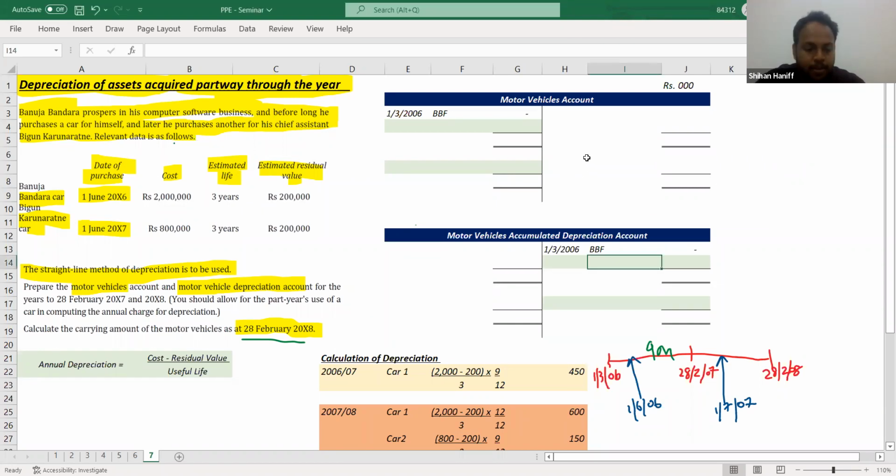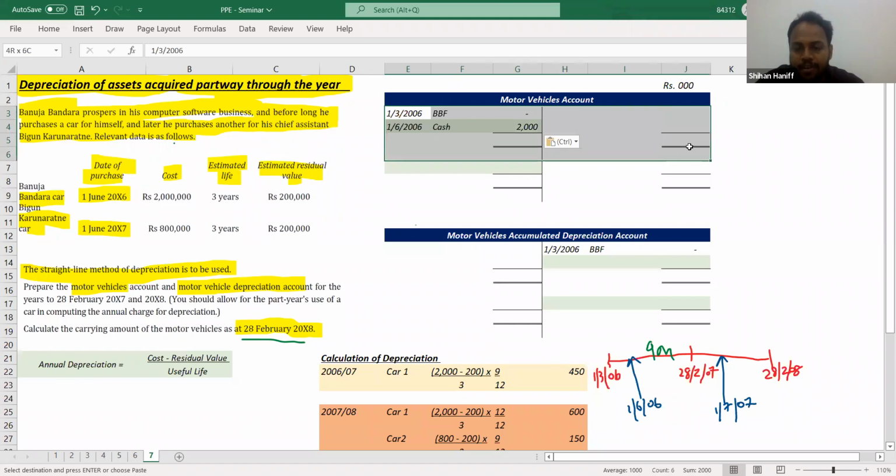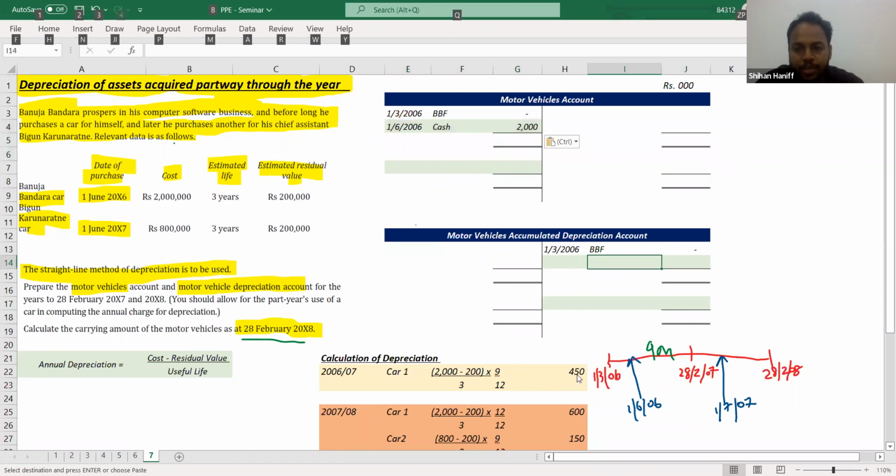Okay, so let's prepare the ledger accounts. Motor vehicle account, in 2006, 1st of June, we purchased the motor vehicle. So this is the account for 2006-7. Then at the end of the year, we need to do the depreciation. We have already calculated depreciation. It's 450. Then the depreciation will be credited to the provision for depreciation account.